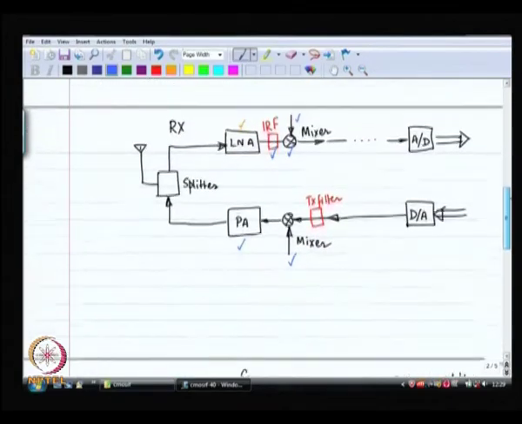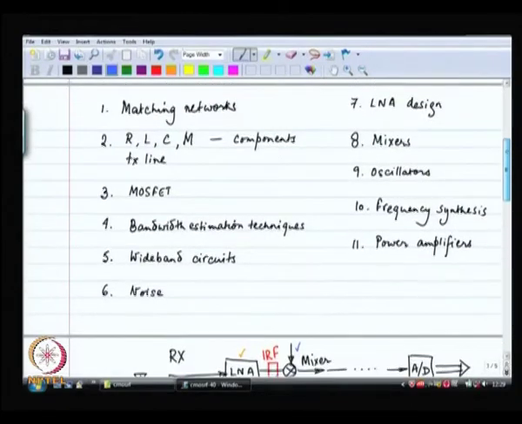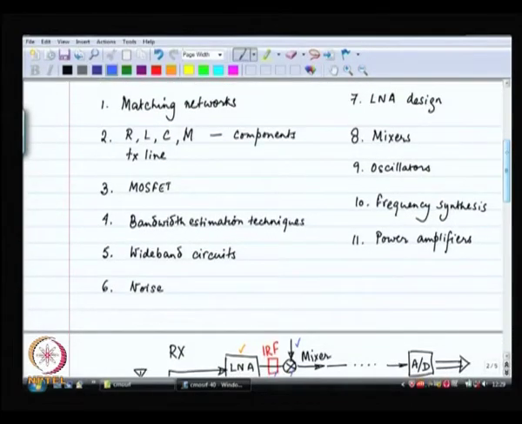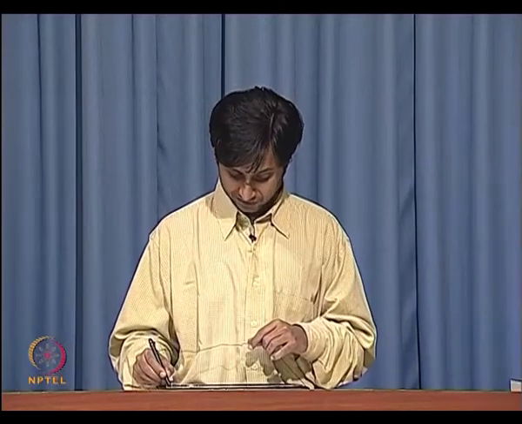Okay. Now, we go back, and this is basically the course, all the lectures that we went through. We studied power amplifiers, frequency synthesis, oscillators, mixers. We did some low noise amplifiers.